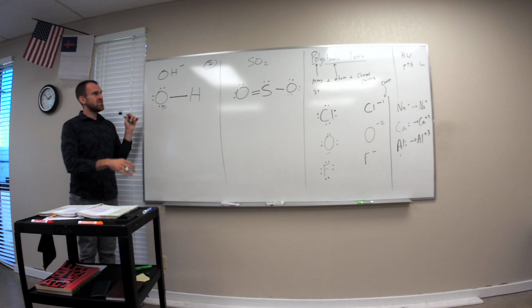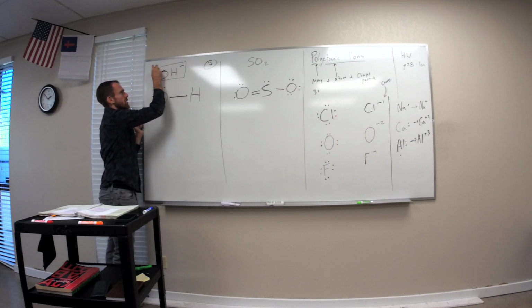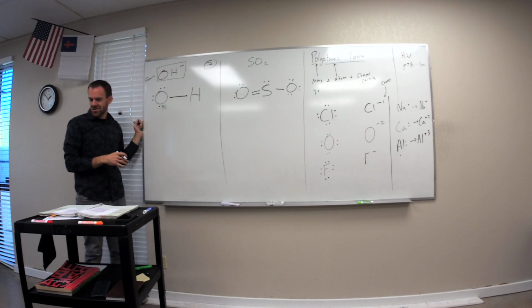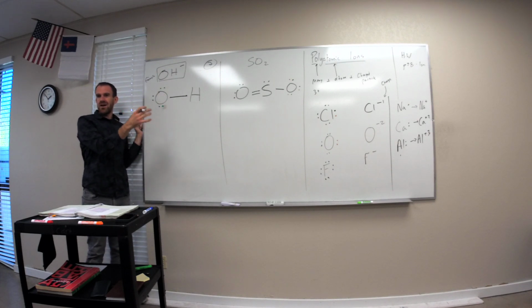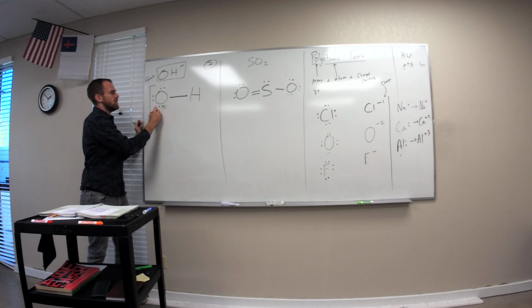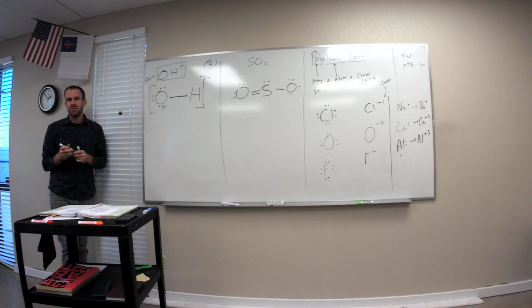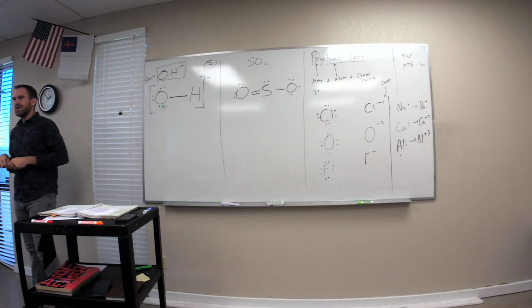Now, we are going to write the formula like that. But in the Lewis dot structure, to show that I added an electron out of nowhere, I'm going to put a minus sign there. So it's going to get brackets, and then it's going to get a minus sign.